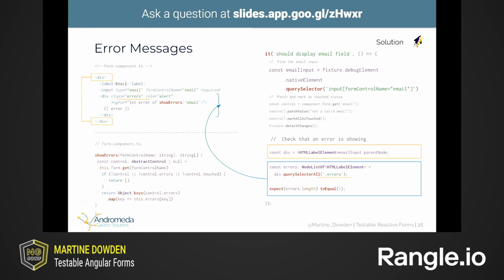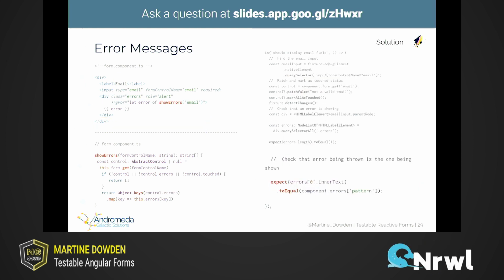I just wanted to show that you can totally do some very intricate DOM manipulation and be perfectly fine, and then go ahead and find your errors. At this point, in that div, I'm checking that my error length is equal to 1. I'm showing that I have one error showing. Does that make sense? Cool. All right.